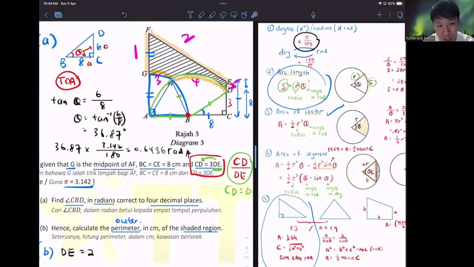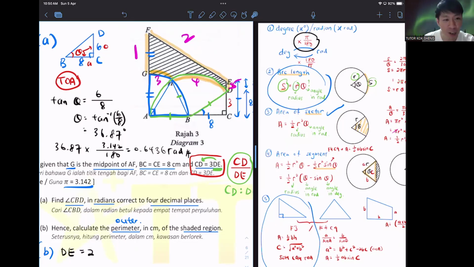Do you see that this one is attached to the right angle triangle? Remember, we can use the Pythagoras theorem. This one just now we already found is 6, and 8. We can find BD, the radius of the green color.